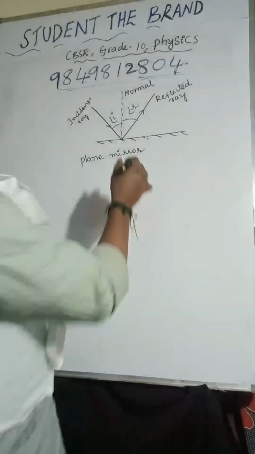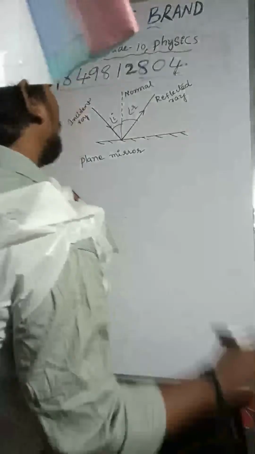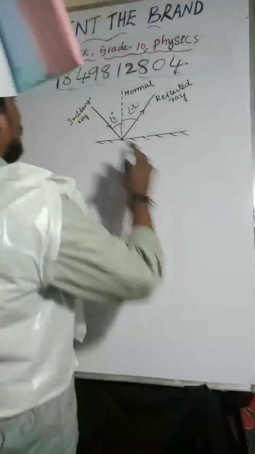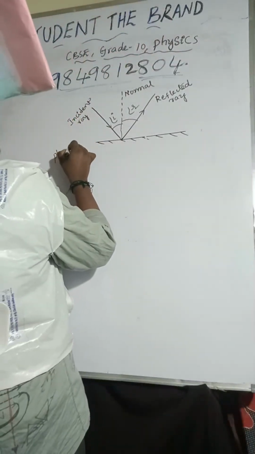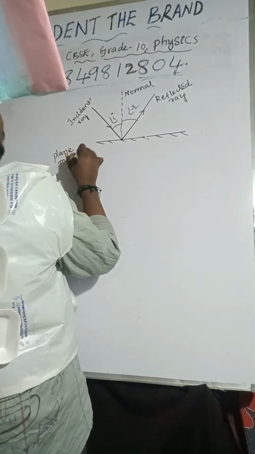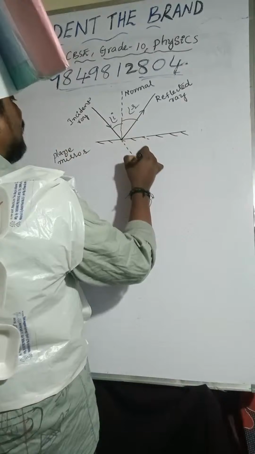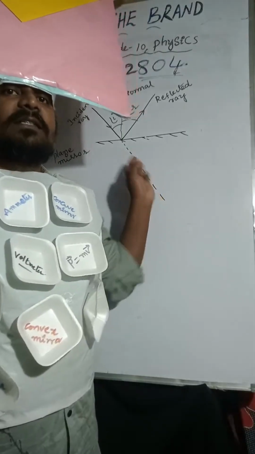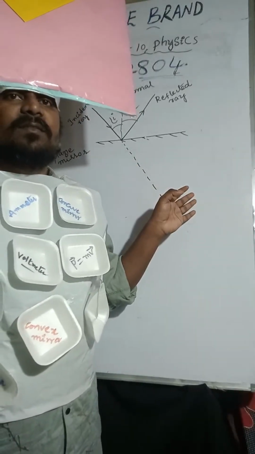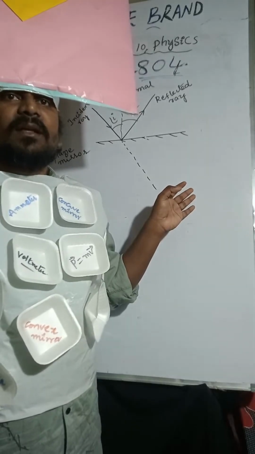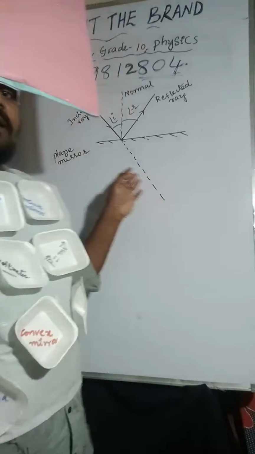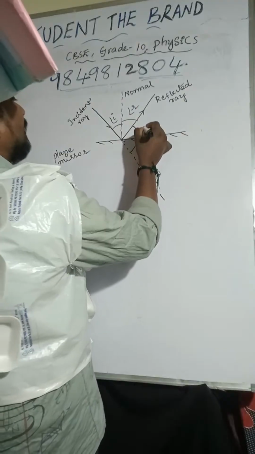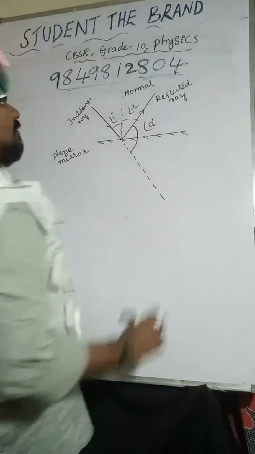Here I am taking this plane mirror, and this extended incident ray, the initial direction of the incident ray. The angle between the reflected ray and the initial direction of the incident ray is called the angle of deviation.